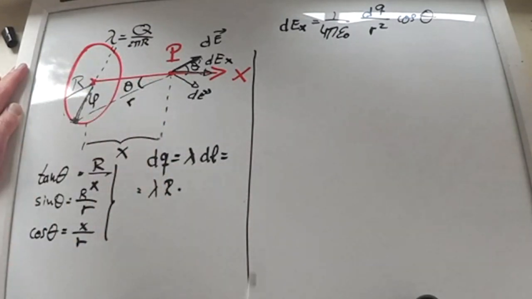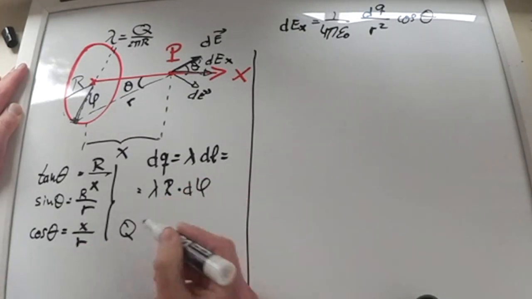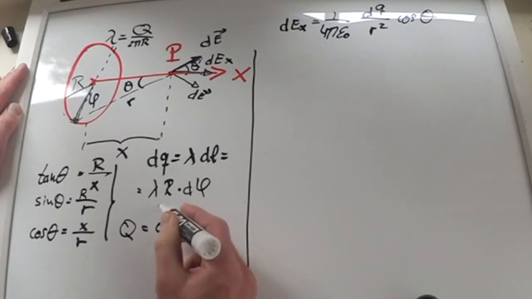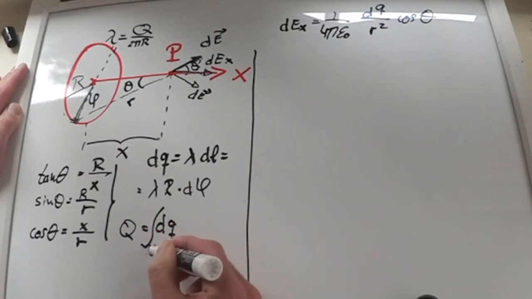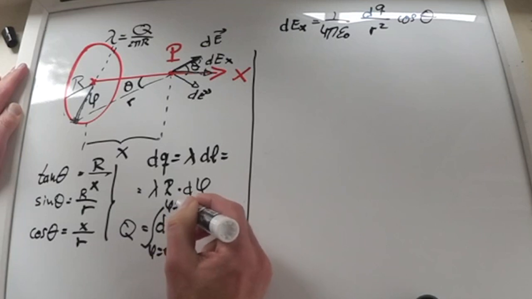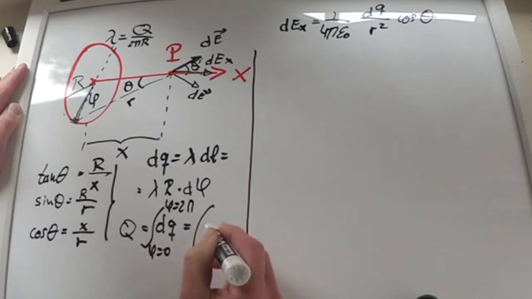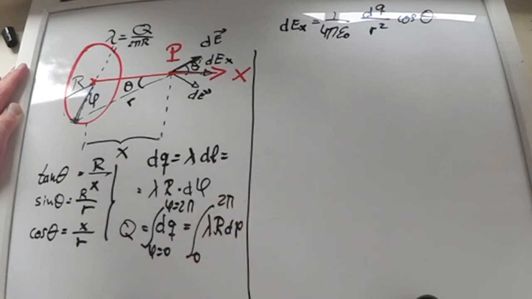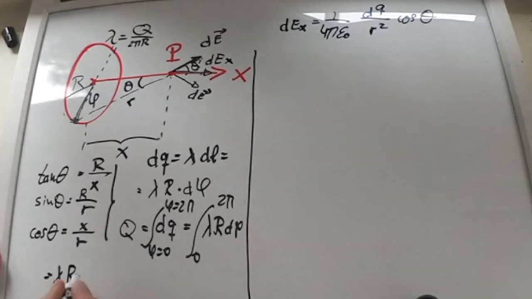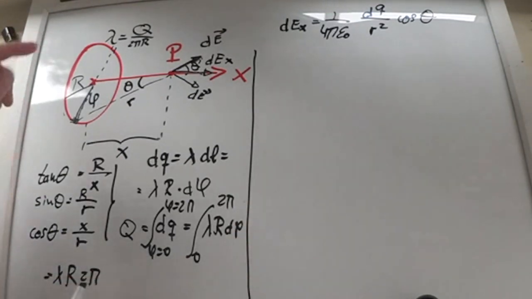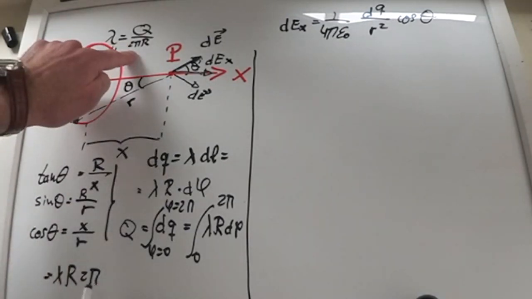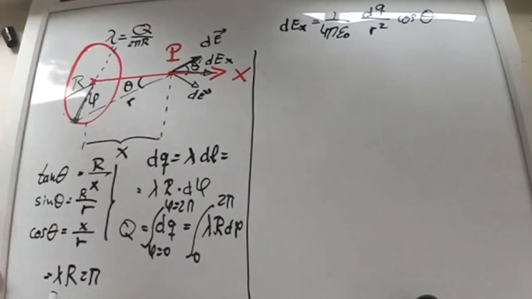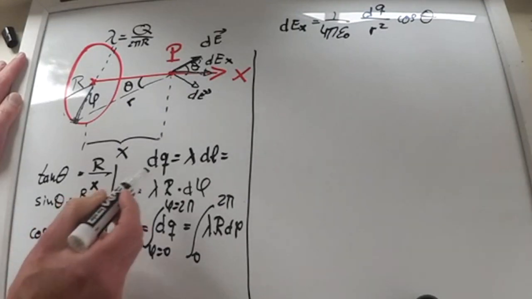It is different from this other angle. So differential of phi. And the total charge is just the differential of charge integrated from phi equals 0 to phi equals 2 pi. So this is the integral of lambda R d phi from 0 to 2 pi, and lambda and R are constants, and the integral is going to be 2 pi, which is the same as we had here. 2 pi R lambda is equal to Q. So that is the differential of charge.